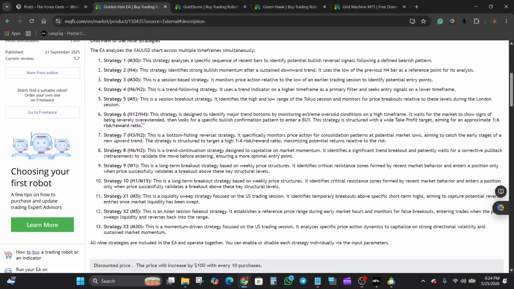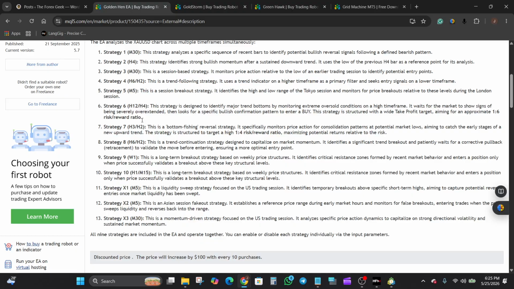There are also liquidity-based strategies mentioned, such as sweep and fake out behavior during different trading sessions. So what this tells me is that the EA is not dependent on one market condition, but instead attempts to adapt depending on how the market is behaving. Another key detail is that all strategies can be individually enabled or disabled in the settings, which gives some level of customization depending on how the user wants to run it.